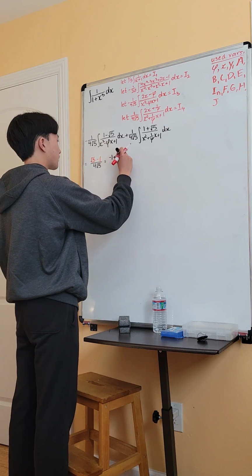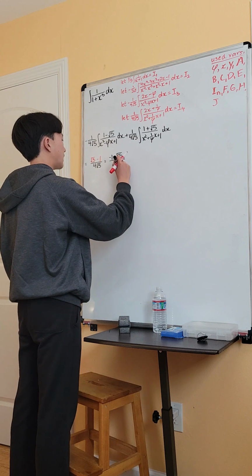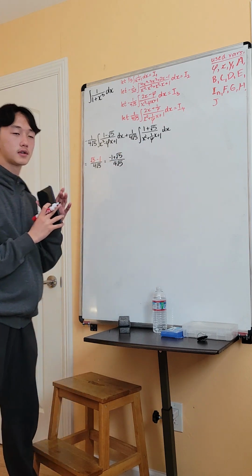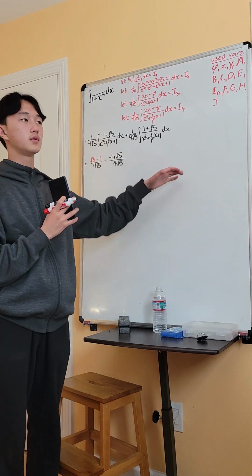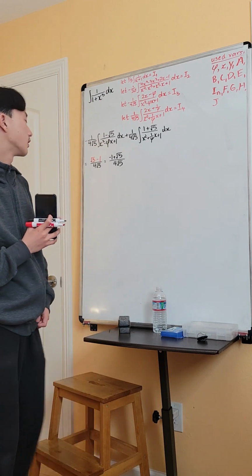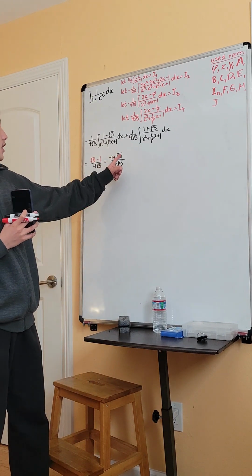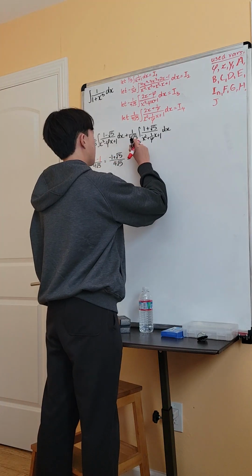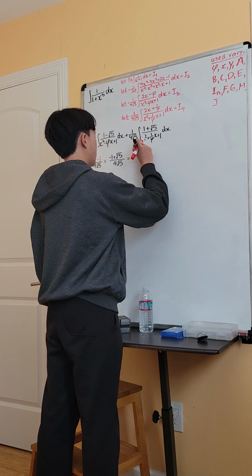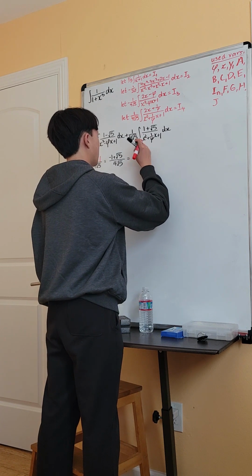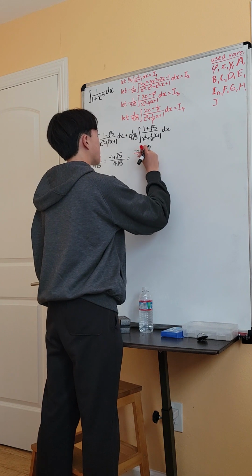Plus root 5 over 4 root 5. If the numerator looks familiar, it's because it's the numerator of the representation of phi, right? So instead, it's negative 1 plus root 5 all over 2 times 2, right?